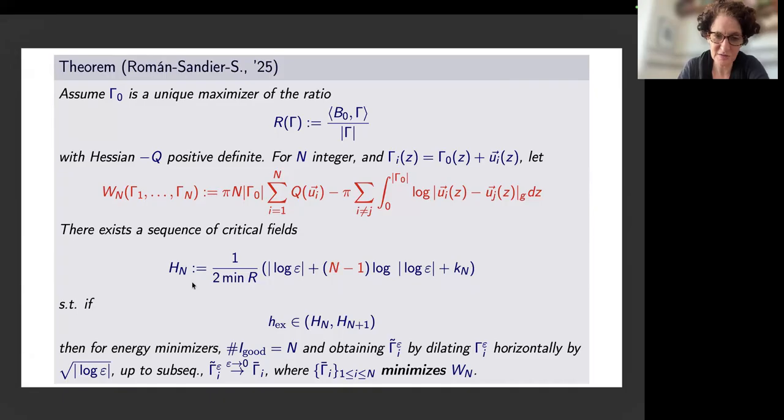And then if your intensity reaches H2, you will have added 1 log to the intensity, so it will be like log plus 1 log, right?